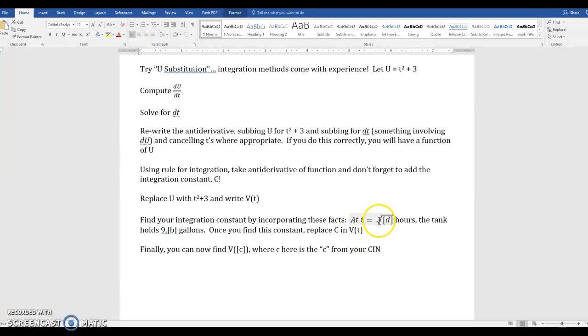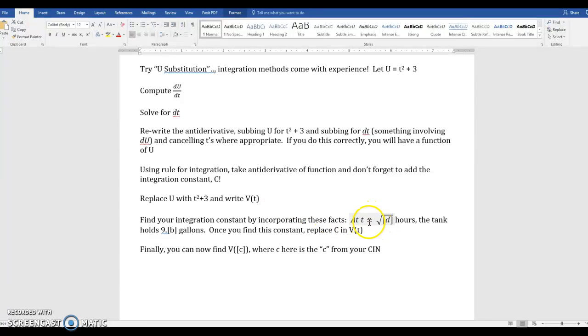And it said at time equals the square root of d, the tank holds 9.b gallons. So once you find this constant, you can replace v of t in your equation. What I mean by that is you now have v of t equals something involving t squared plus 3 plus the constant.